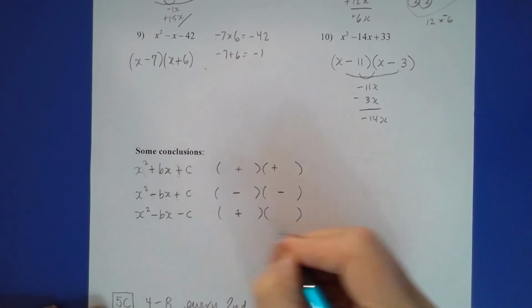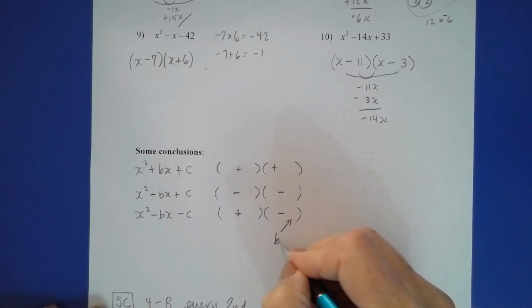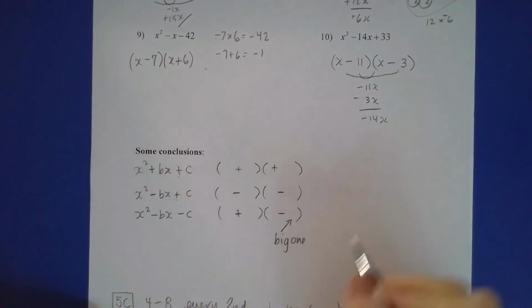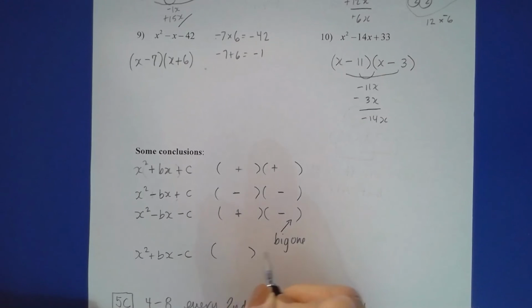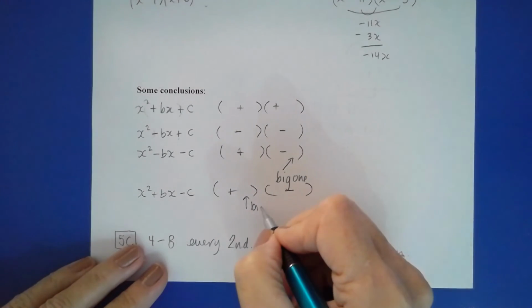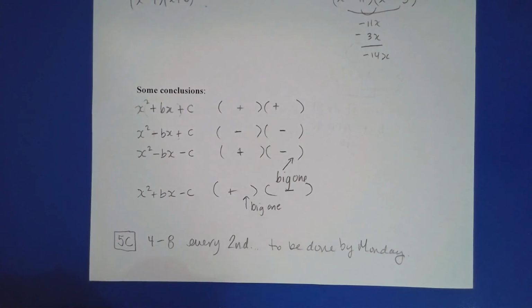They're different. They're definitely different, and that's the big one because the middle has to turn out negative. And if I have a positive and a negative, same, but this is the big one. You with me? Okay, so that's just a little guide. And then that's your work.